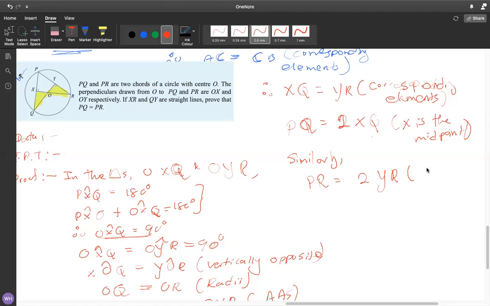The same thing, Y is the midpoint. Okay. Therefore, XQ will be equal to YR. Therefore, PQ will be equal to PR.